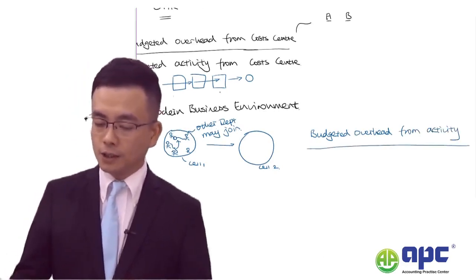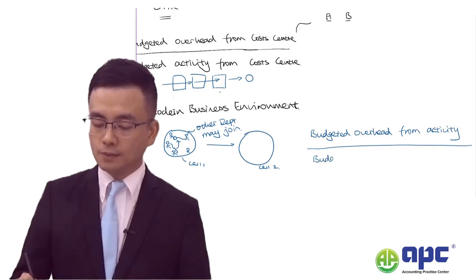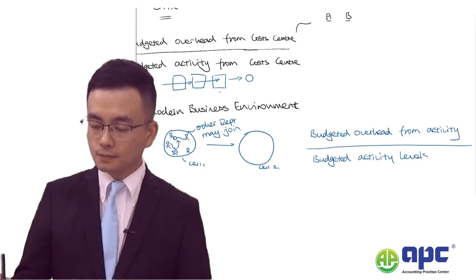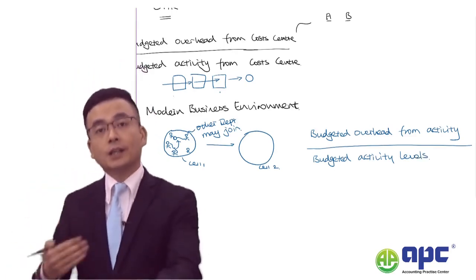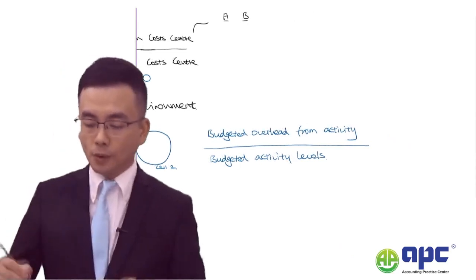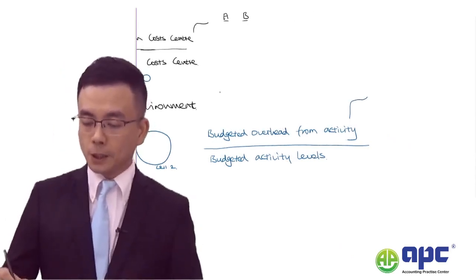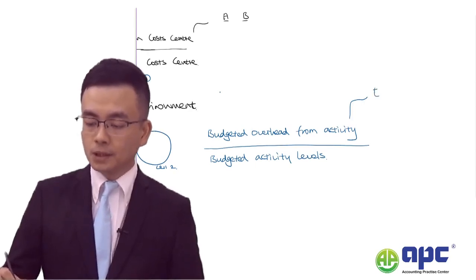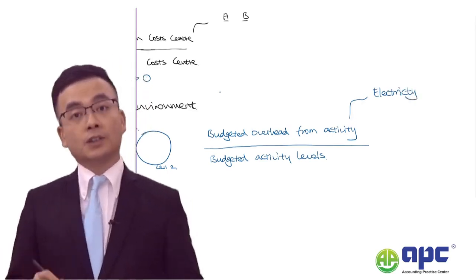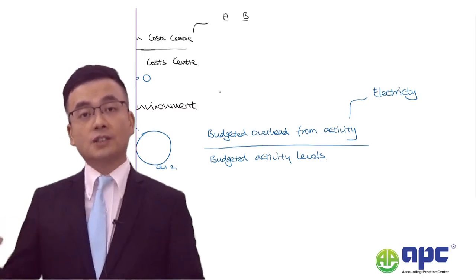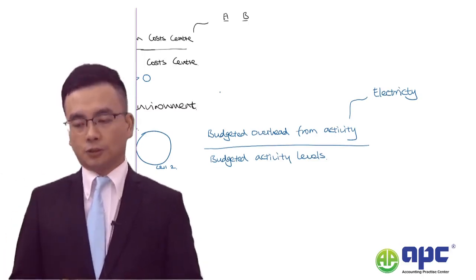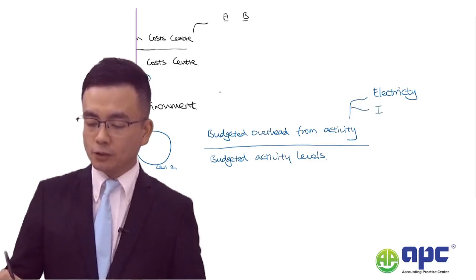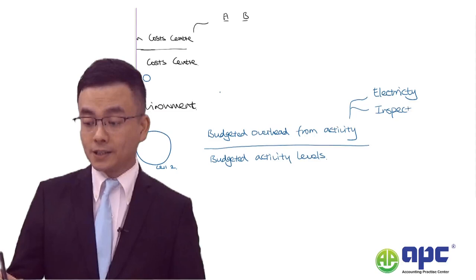I would like to divide this into the budgeted activity level. Now, activity means quite a lot of things. For example, electricity, because each product in turn needs electricity to support that production. If you're talking about inspection, on the other hand, that will be another activity.